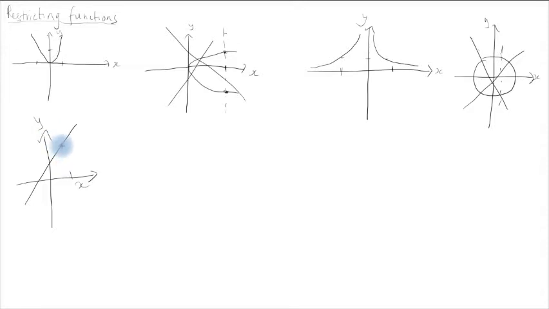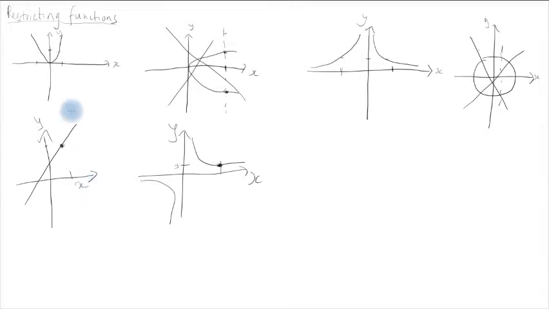So that x value only happens once, and the y value only ever happens once. Another example would be a hyperbola, something like this. Once again, every x value only happens once, and every y value only ever happens once. So that's a unique point for x and for y, so it's one to one.